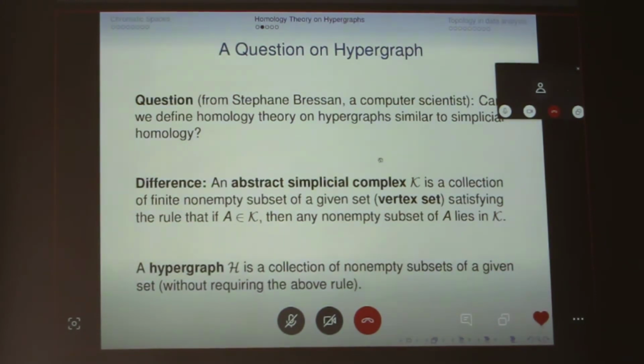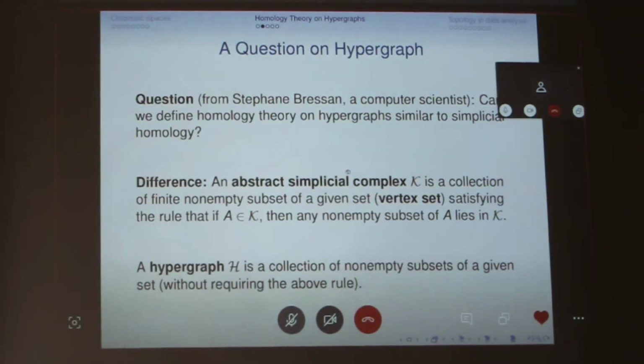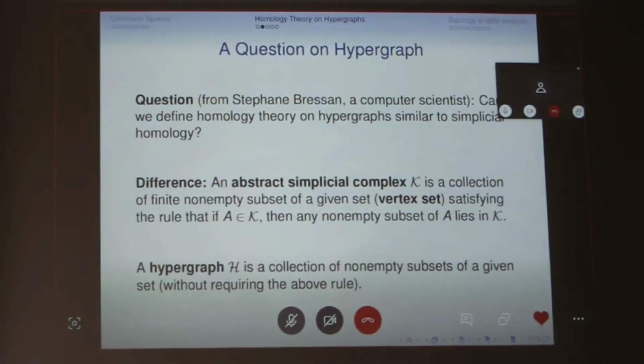He likes topology, and he heard people talk a lot about homology theory, so he asked whether we can also produce a homology theory for hypergraphs. And the answer we actually get is yes. So I will just say a little bit about the ideas. How can we do it?